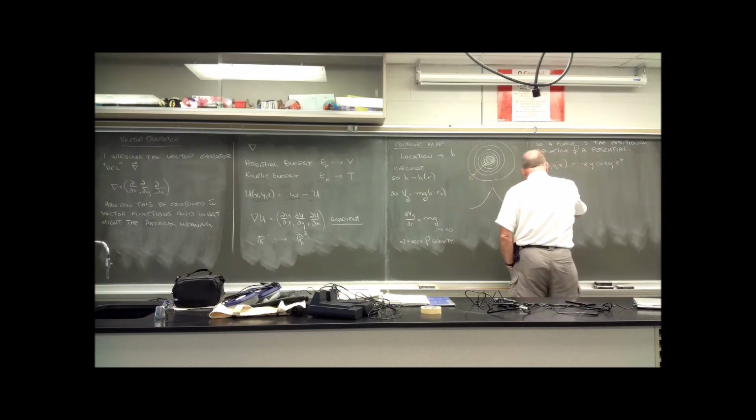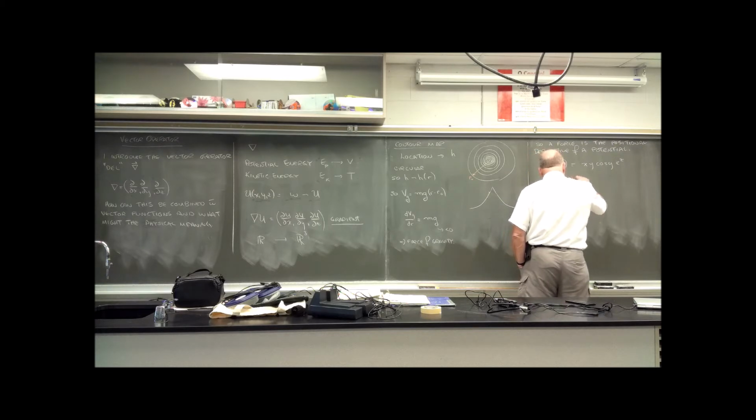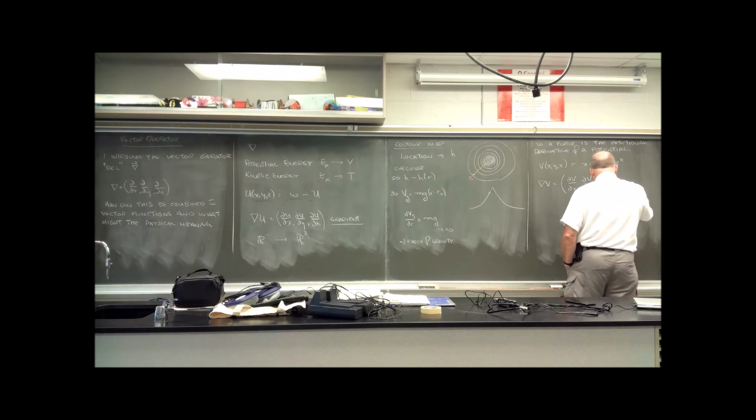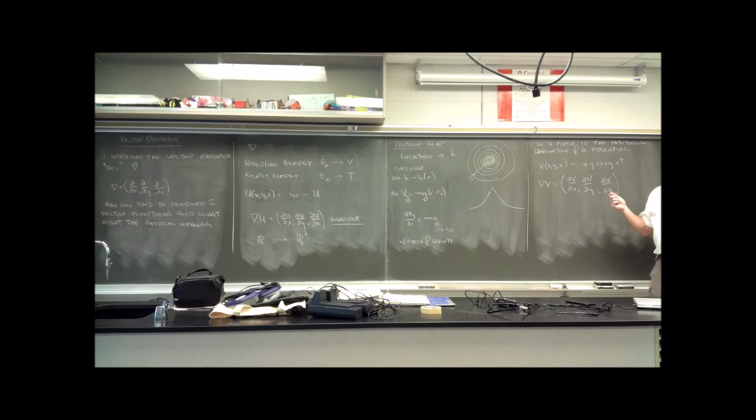And so then the gradient of this is equal to ∂V/∂x, comma ∂V/∂y, comma ∂V/∂z. And this would be then a vector function that would tell you what the force is, with appropriate constants, anywhere on this interesting surface here. That's a pretty amazing thing, okay?